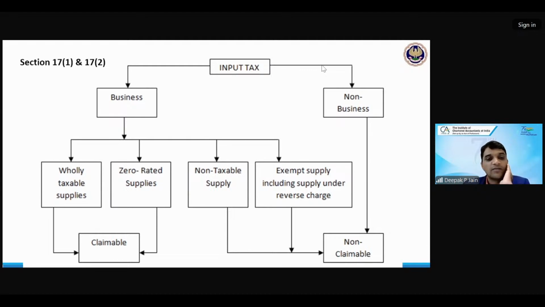So GST will not come on it at all. Used for further transactions. There are no transactions at all.